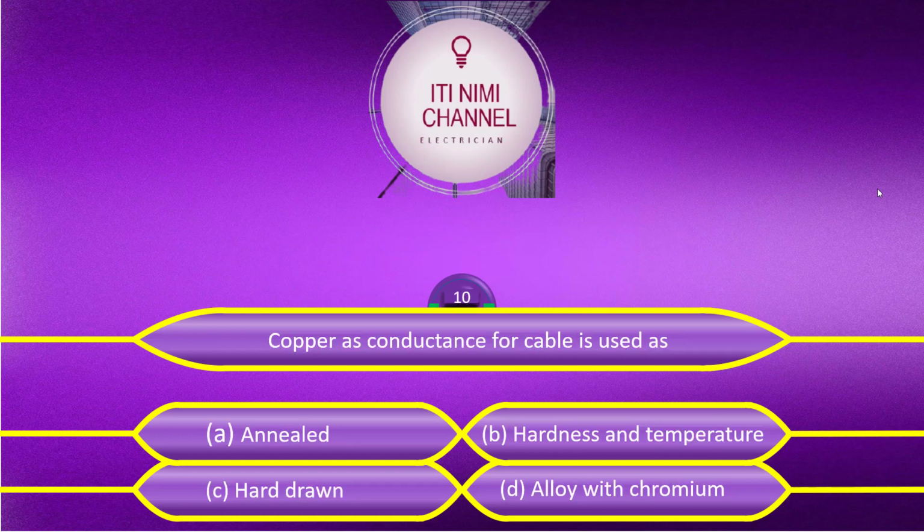Copper as conductance for cable is used as option A annealed, option B hardness and temperature, option C hard drawn, option D alloy with chromium. The answer is annealed.